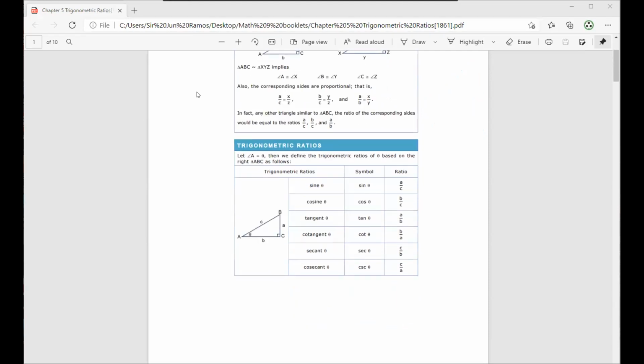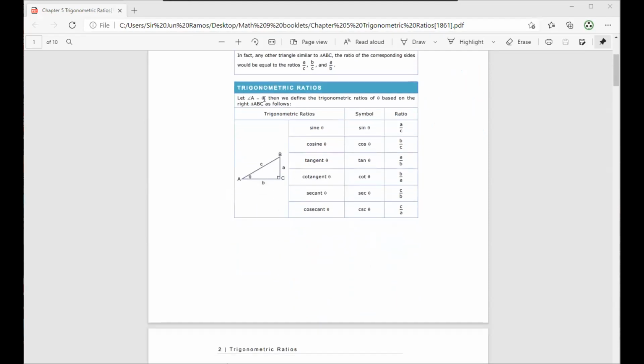When we say the trigonometric ratios of an angle of a right triangle, we are meaning an acute angle. So we can just choose which of the two acute angles we will be dealing with. Is it angle A or angle B?